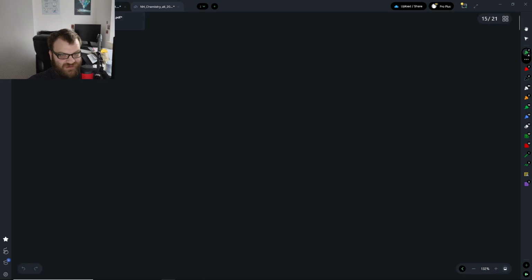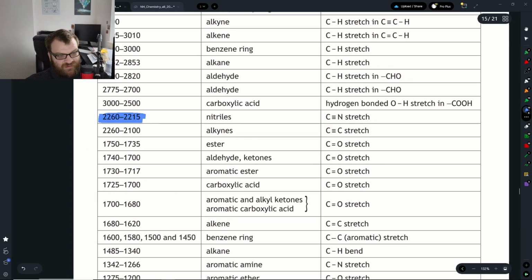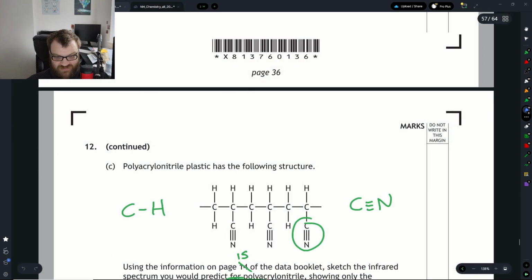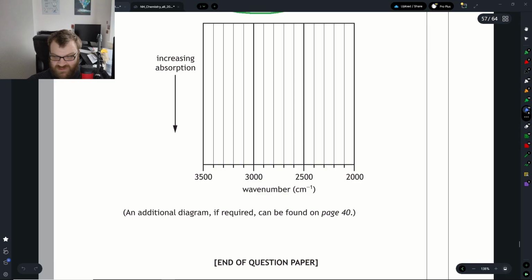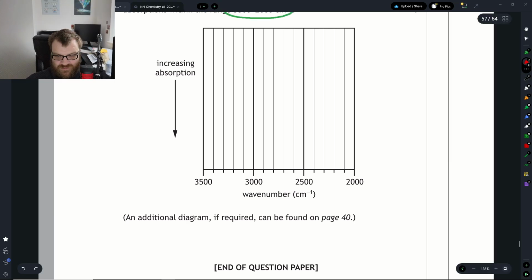Let's look at the values of them and put them in. I want somewhere around about 2200. Going up in 100s, so 2000, 2100, 2200, and I want just beyond that. We need this spike round about there.